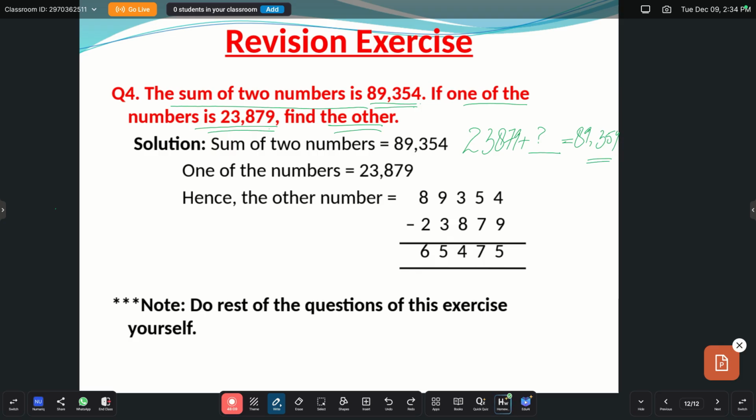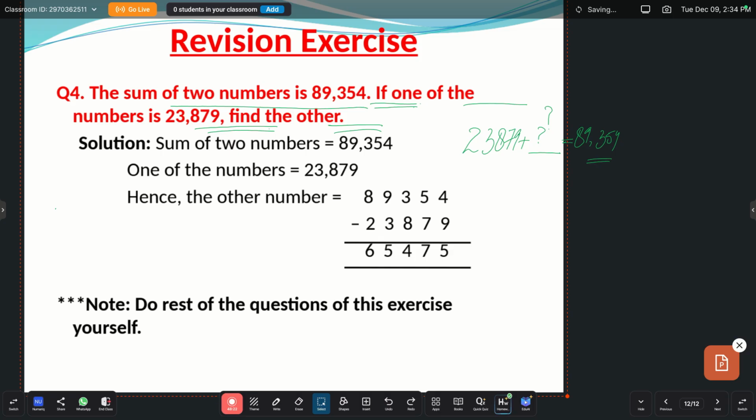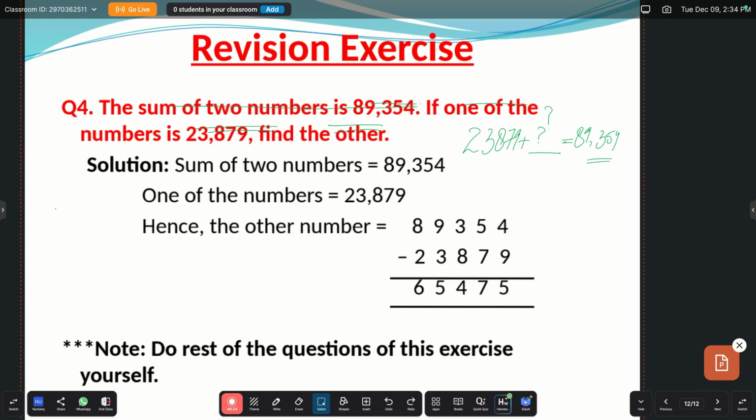Okay, if you remember that I told you in our previous questions that if you are having a missing addend, how can you find that missing addend, beta? You can find that missing addend by using the formula that is sum minus given addend.